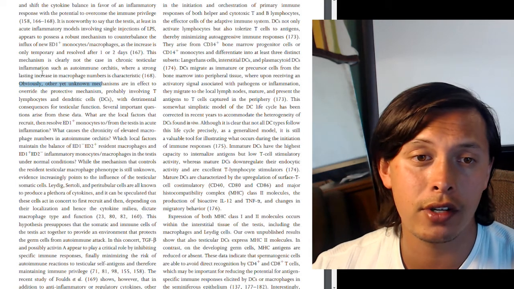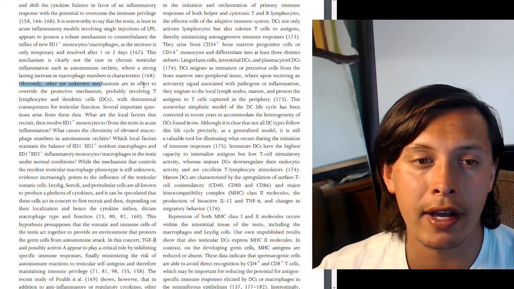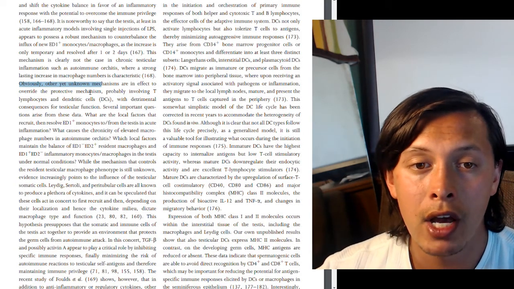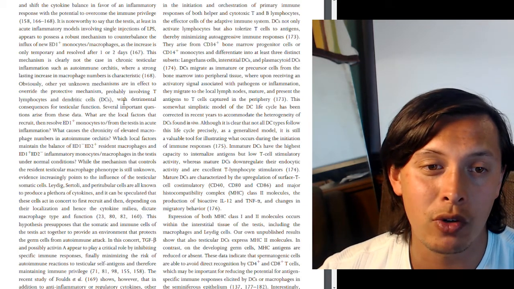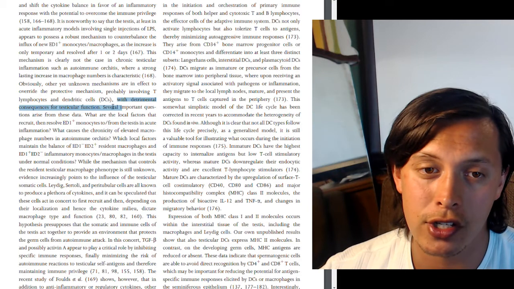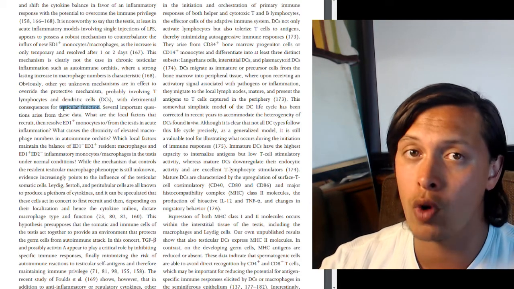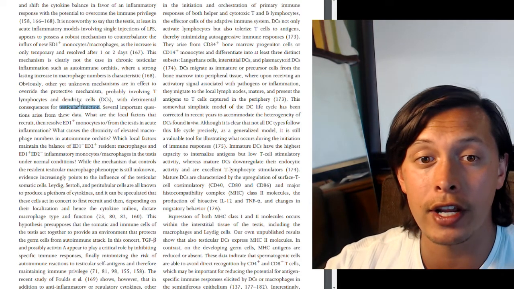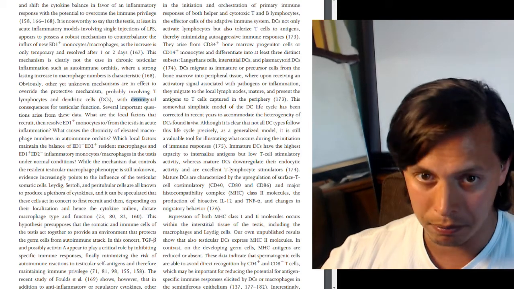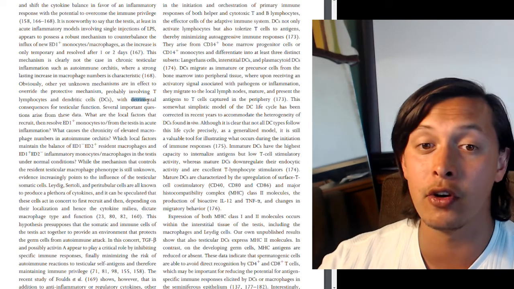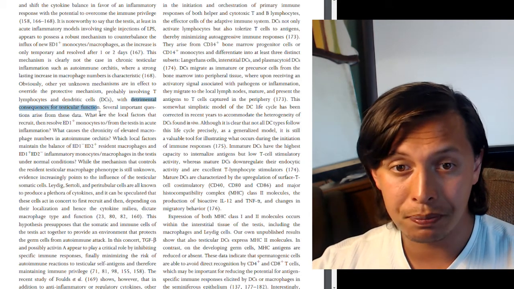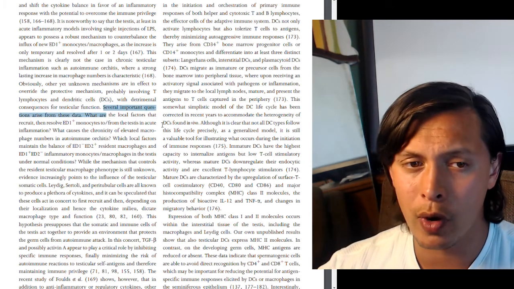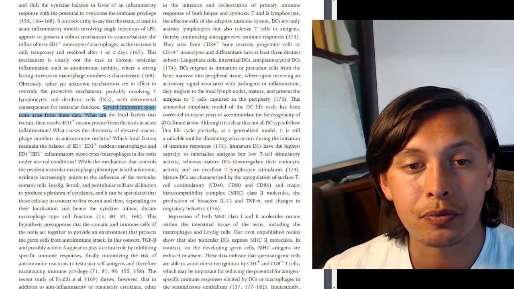So obviously, other yet unknown mechanisms are in effect to override the protective mechanism, probably involving T lymphocytes and dendritic cells, with detrimental consequences for testicular function. So if you have chronic inflammation of the balls, there is a detrimental consequence for testicular function.